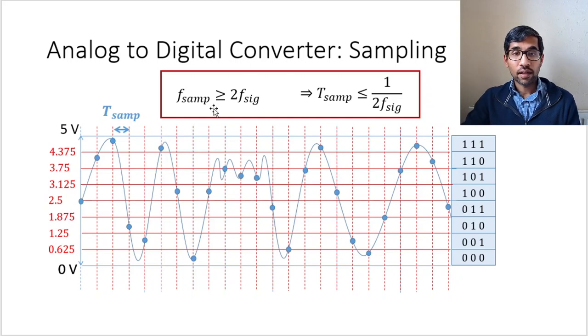In this case, F signal is the maximum frequency in the signal, and F sampling is the frequency of sampling. You can write this in terms of the time interval as well, as it is written here. So if your sampling frequency is greater than twice the maximum frequency in the signal, then you can reconstruct from these sampled points the complete signal without any loss.